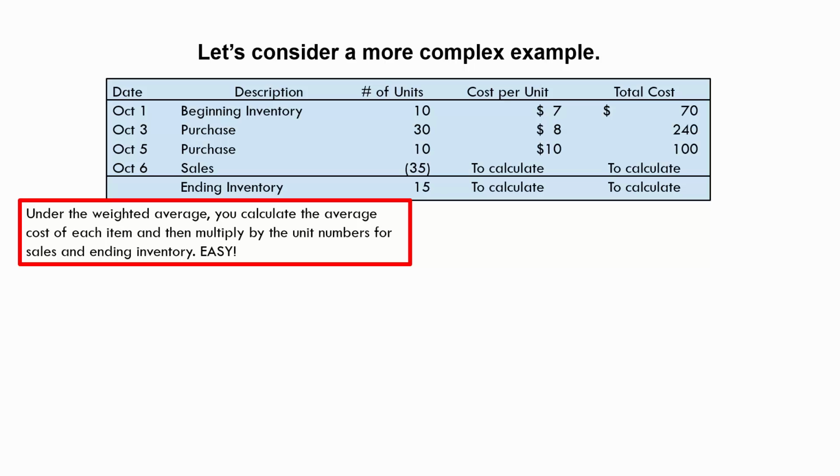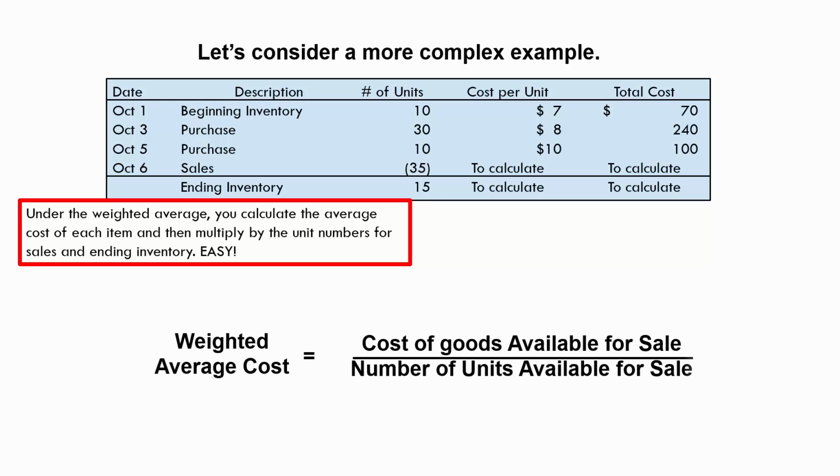Well, we can't do that because this needs to be weighted a little more because there are 30 units that were purchased for $8. So we have to take into account the total value of all our inventory, and we have to divide it by the number of items.